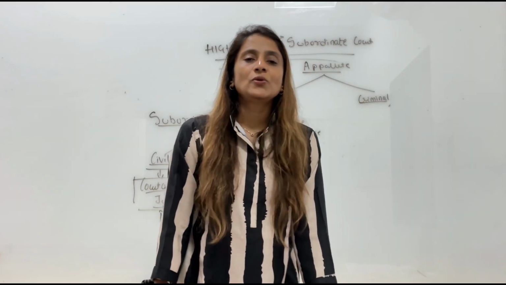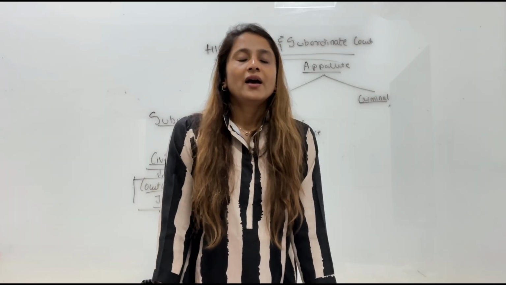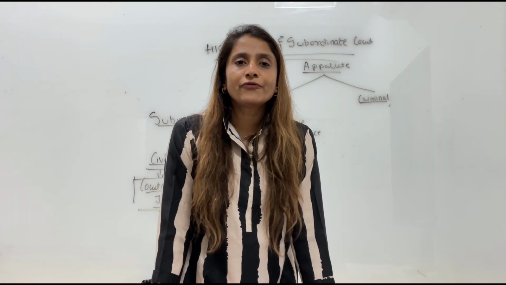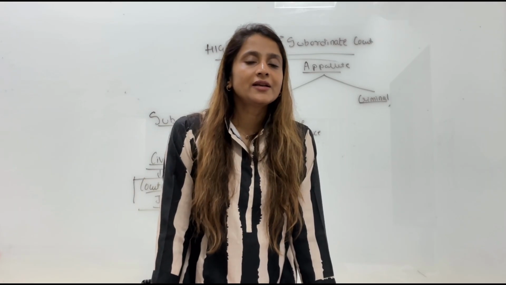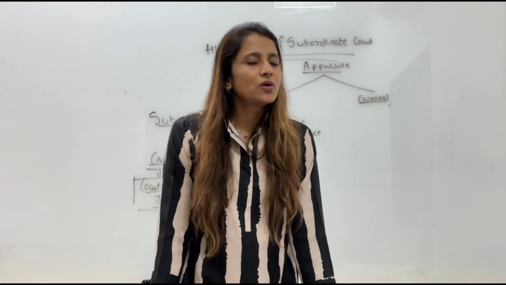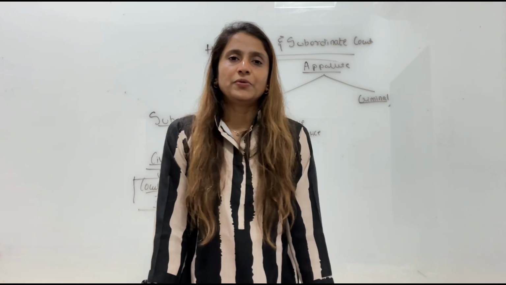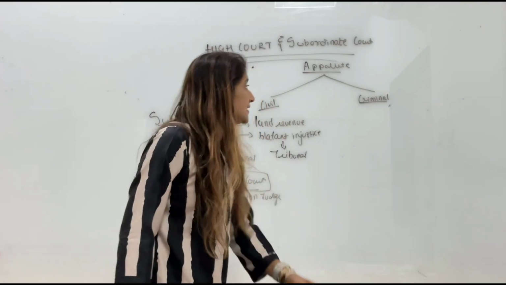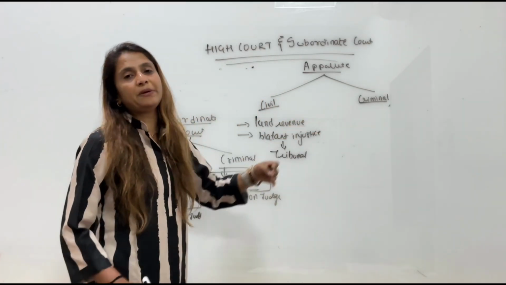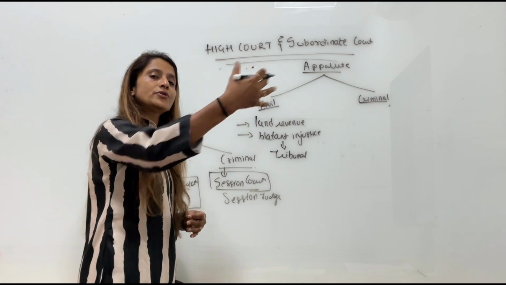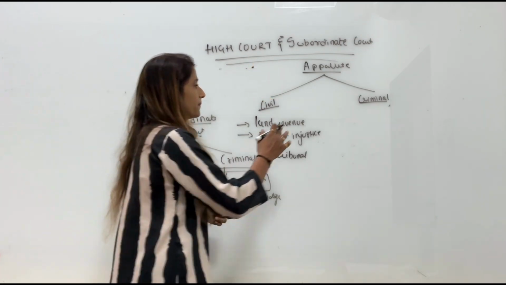In that case, you can appeal, and if the High Court finds it to be blatant injustice, the High Court will quash the order of the tribunal. In both these civil cases, you can appeal from the subordinate court to the High Court.